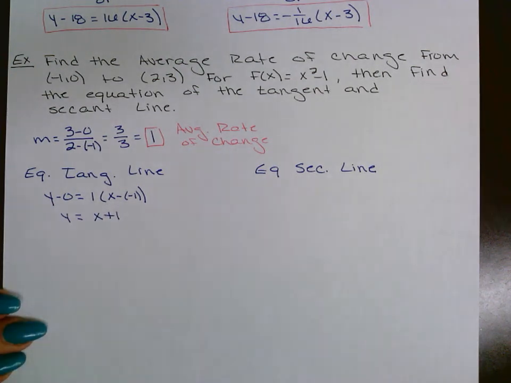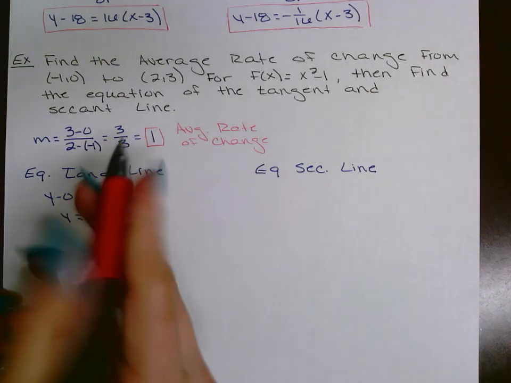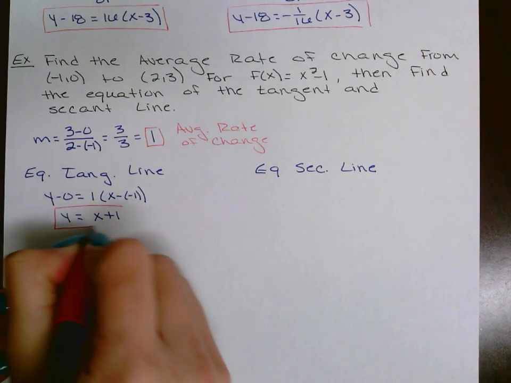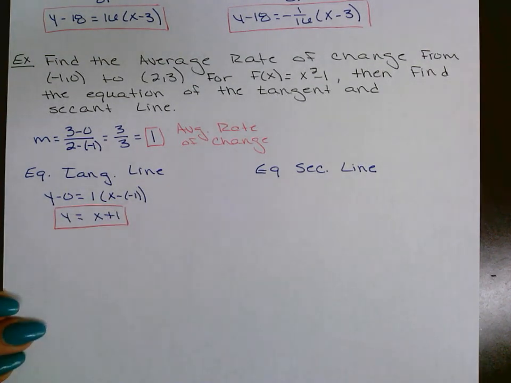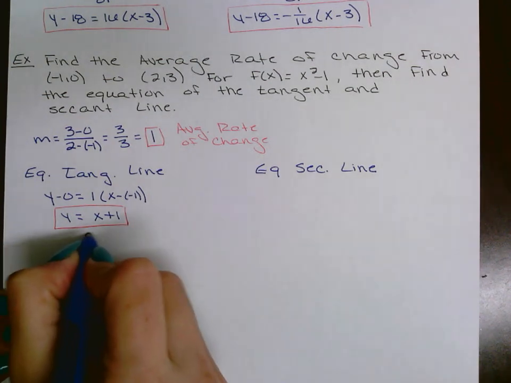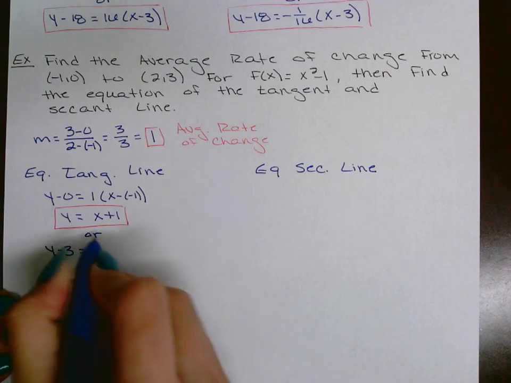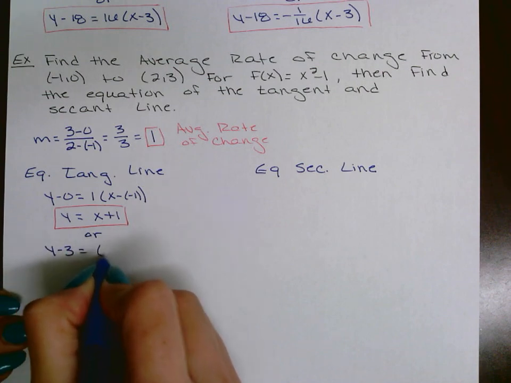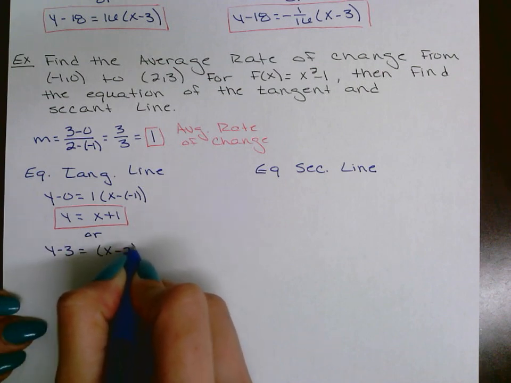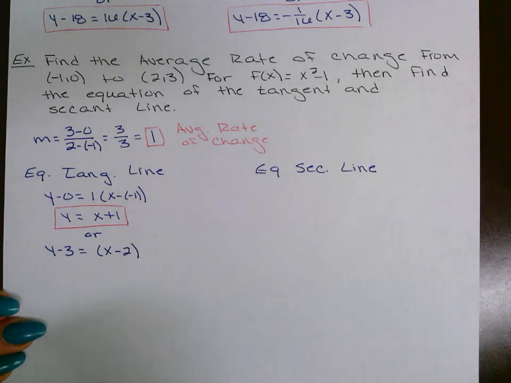Okay? And then if we would have used the other ordered pair, let's say you didn't catch to use that one, you would have written y minus 3 equals 1, which we don't have to write, and then x minus the x value. Okay?